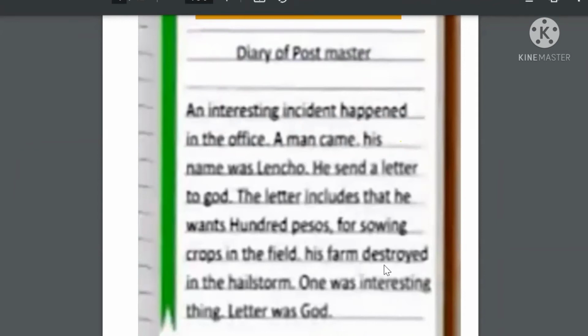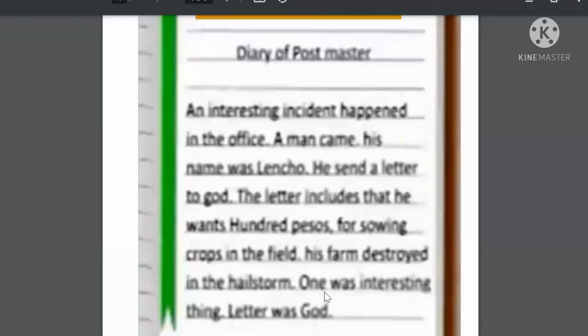Then any problem here? His farm destroyed in the hailstorm. Any word missing here? Yes, you are right. His farm was destroyed in the hailstorm. We should write so. Okay. Then, what about this sentence? One was interesting thing.